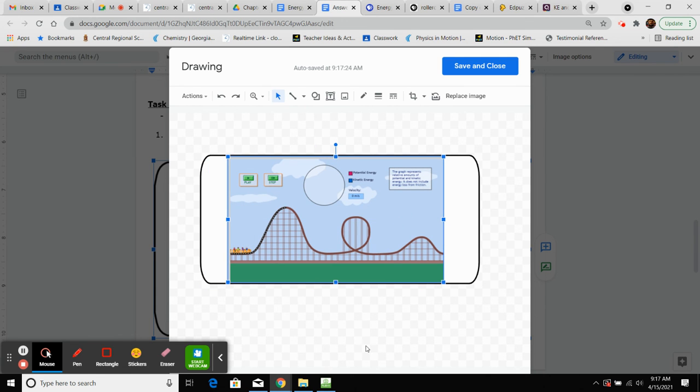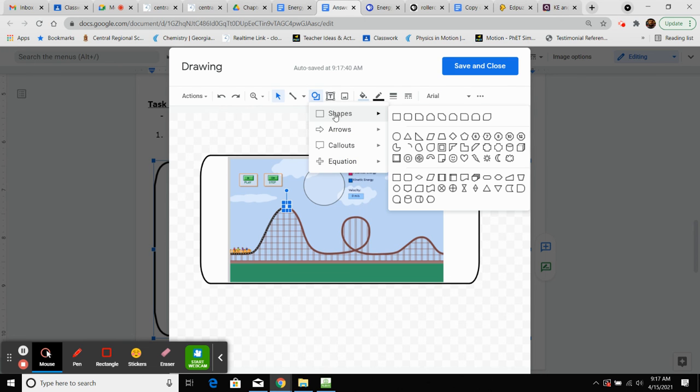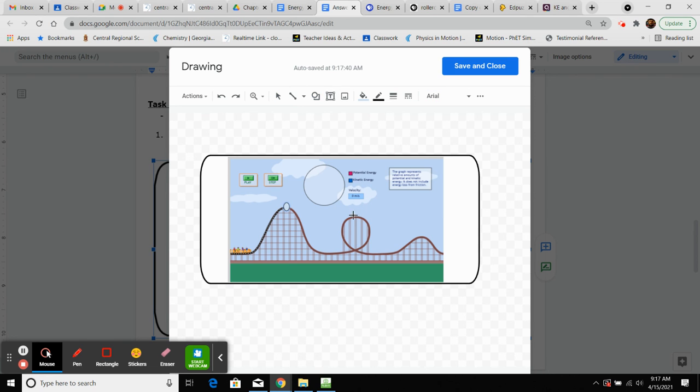Now, it wanted us to label the points where we have the greatest potential energy. So you can make little circles here, at that point, at this point, and then at this point.